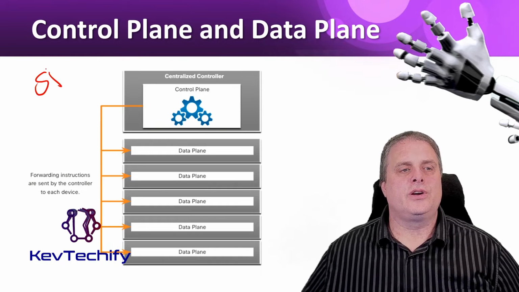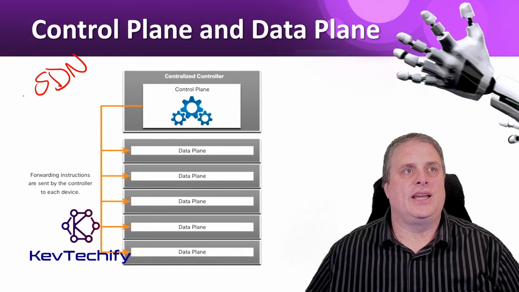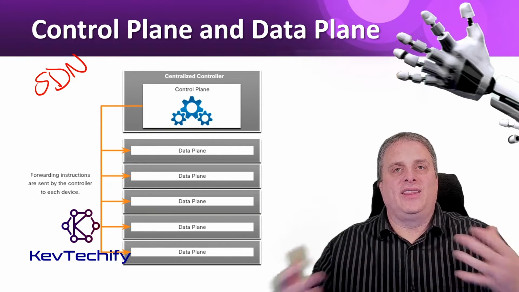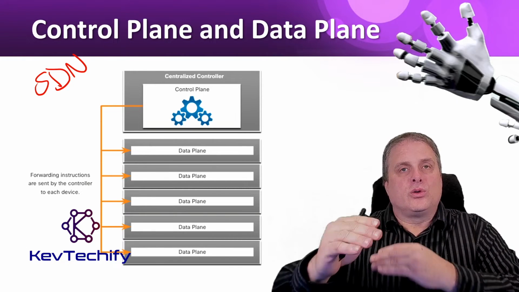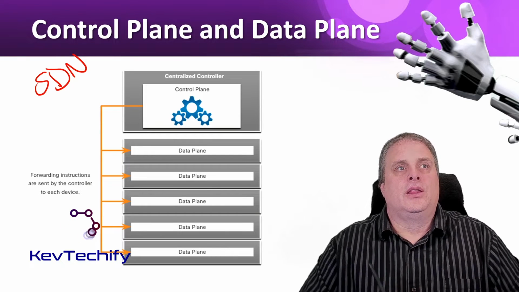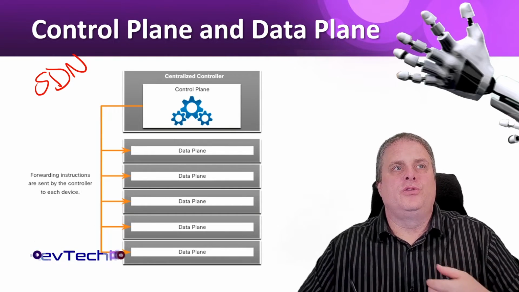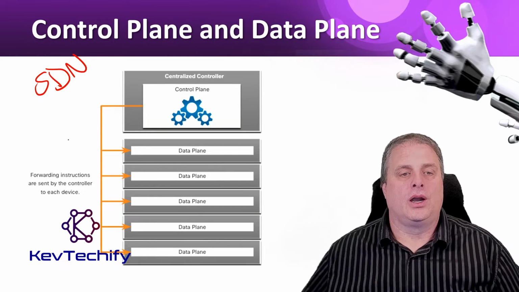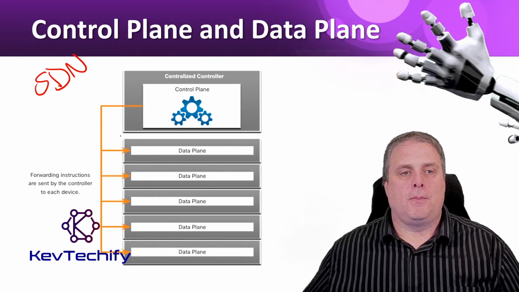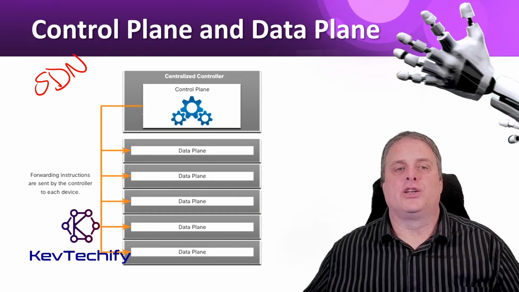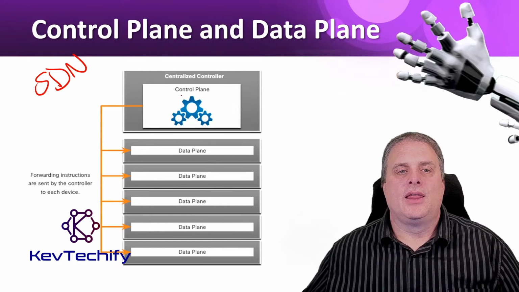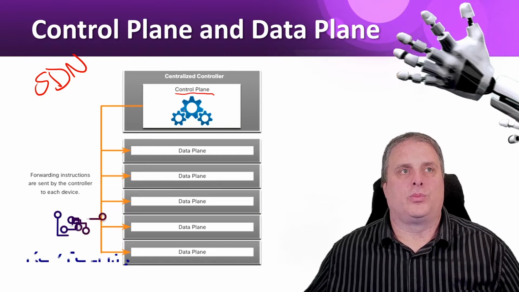In software-defined networking, SDN, it's the separation of the control plane and the data plane. We separate those two planes out. The control plane function is removed from each device and is performed by a centralized controller. Your switch, basically, we remove that control plane. You have another device or piece of software here that is now your control plane.